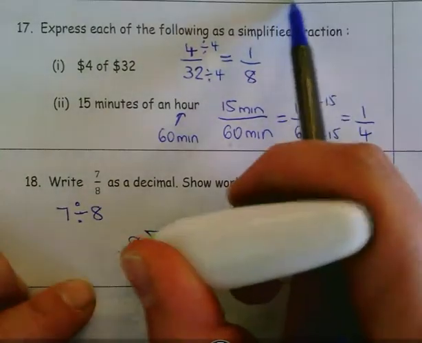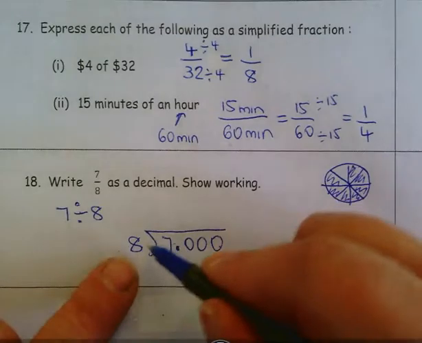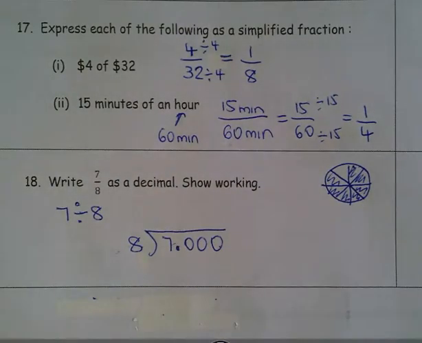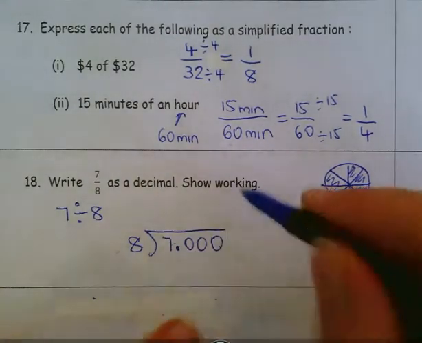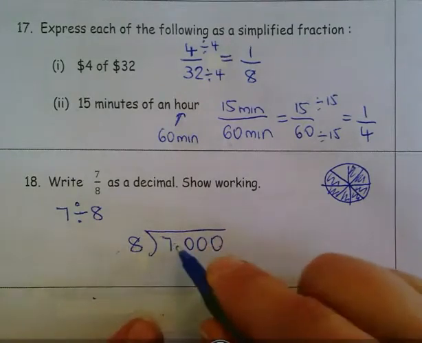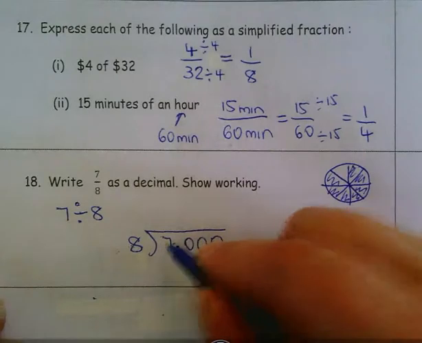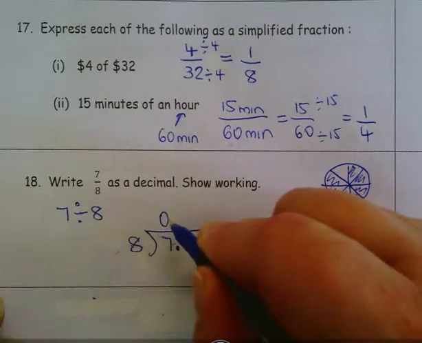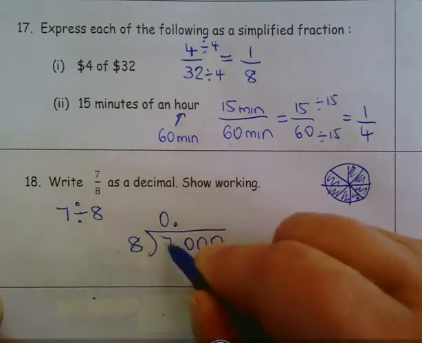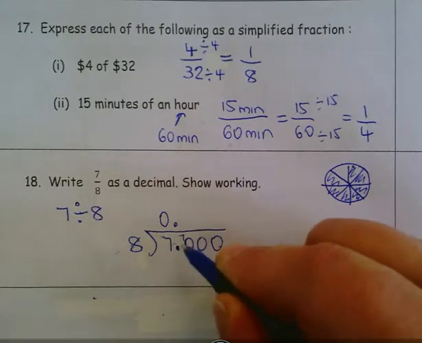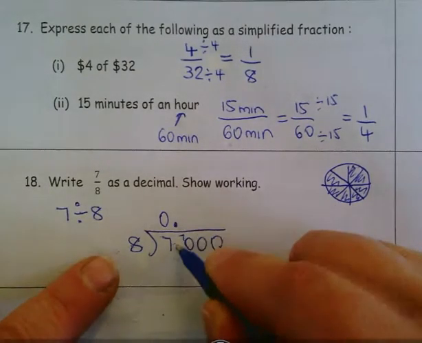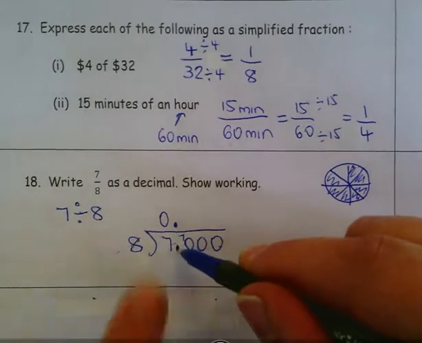Now, when dividing decimals, you must put the decimal point above where you see it as you're working along. So you go 8 into 7 and you go 0.000, just add a few. Does 8 go into 7? No. You put a 0 and because it doesn't go in there, you've got to carry that 7. I'm now up to the decimal point here.